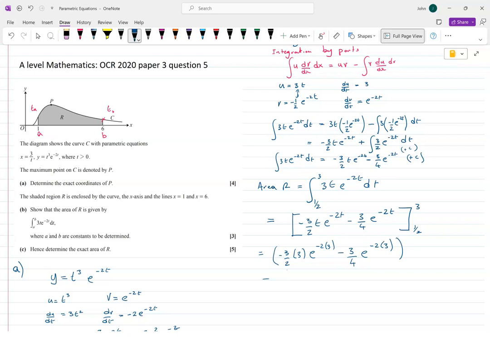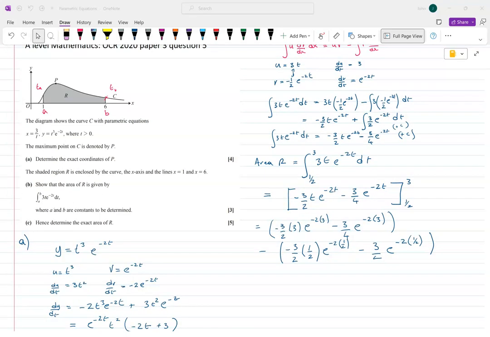So that's minus 3/2 times 1/2 e to the minus 2 times 1/2, which is that there. And then minus 3/4 e to the minus 2 times 1/2.